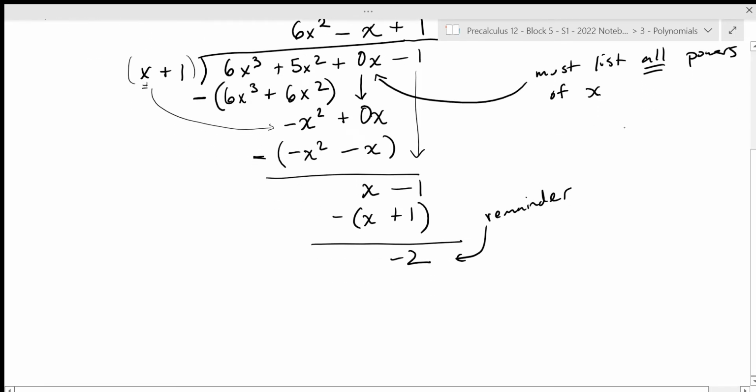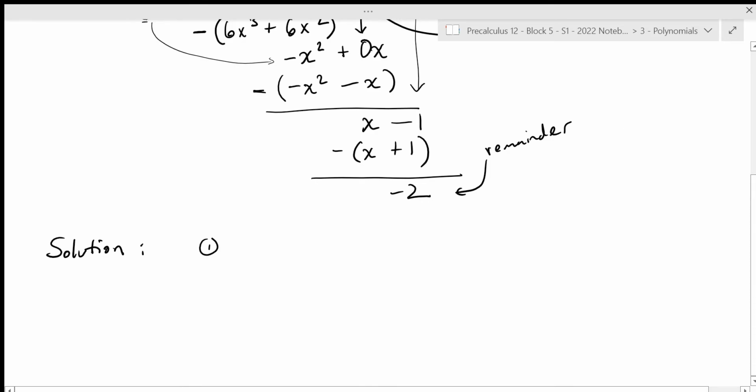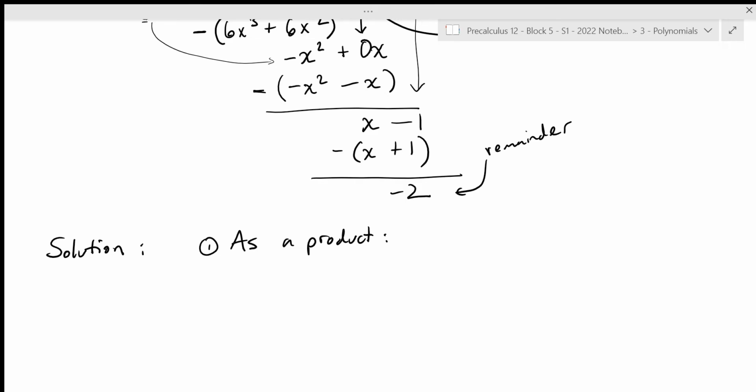So there's two ways we can actually express our solution. One way is as a product. If you express the solution as a product, what you're going to write is that the thing that we started with, 6x cubed plus 5x squared minus 1, is equal to the thing I was dividing, which was x plus 1.